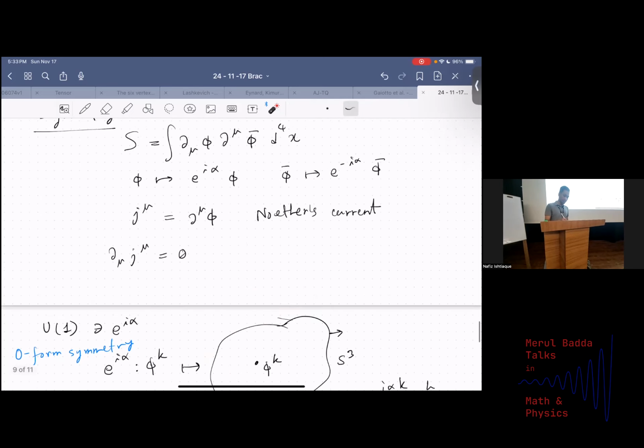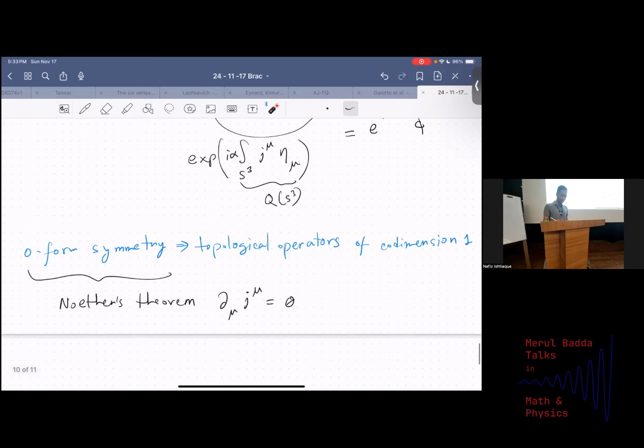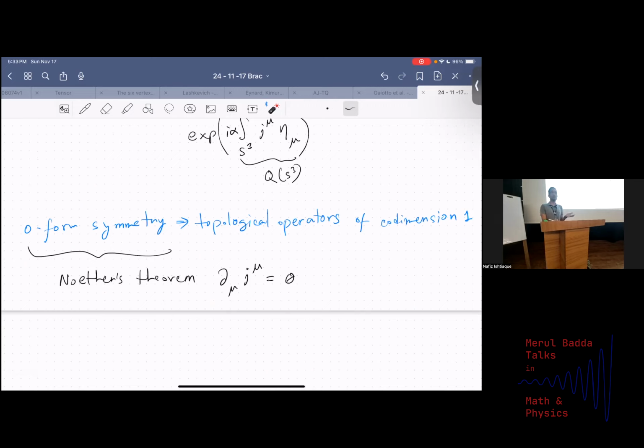In this particular example, this was the explicit formula of the current in terms of the fundamental fields of my theory. It was conserved by the equations of motion, as you can check, because it's just the Laplacian acting on phi, which is the equation of motion. But more generally, even if you don't know what the Lagrangian is, the existence of the symmetry tells you that you have a current, which is some non-trivial function of the fundamental fields, conserved by the equations of motion.